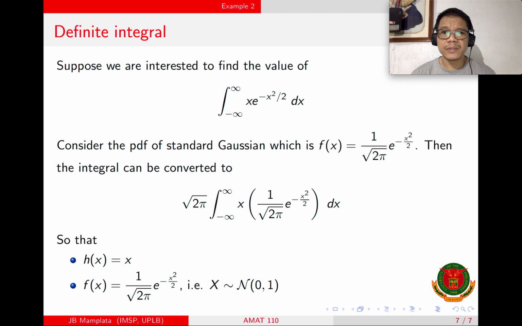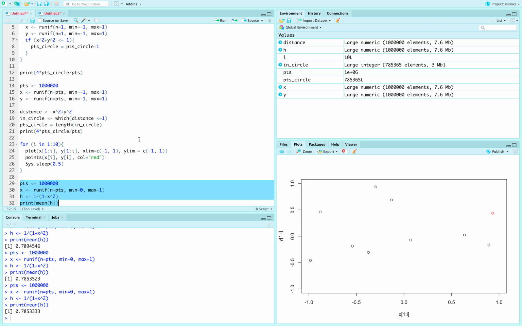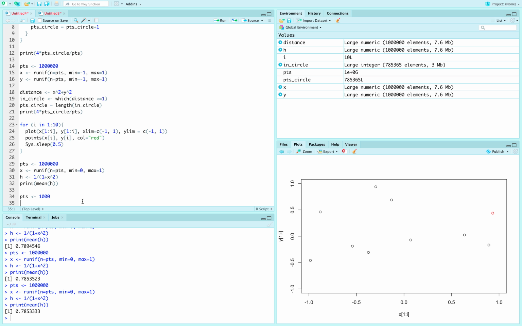And how are we going to do that with R? Okay? Let's do it in R. Similar to what we did, let's say we have 1,000 points. But here, the x we will choose comes from the normal distribution.